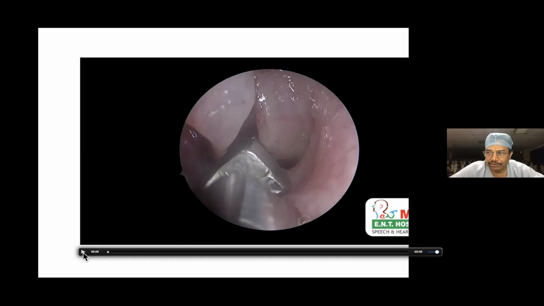We cut the Merocel into half and use it. That's a good material. It tends to be less traumatic, and there won't be any fibers left on the nasal mucosa. If cotton fibers are left, they cause a lot of irritation and inflammation, and the nose cannot get rid of them.